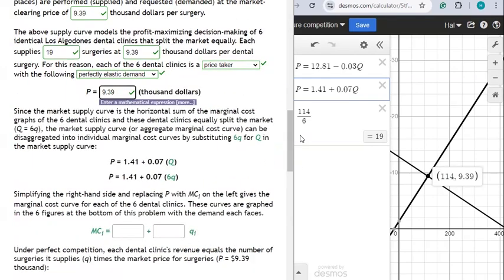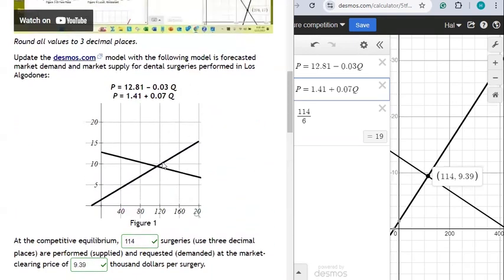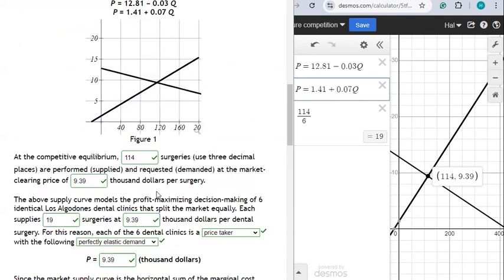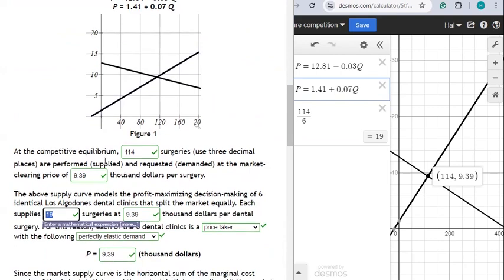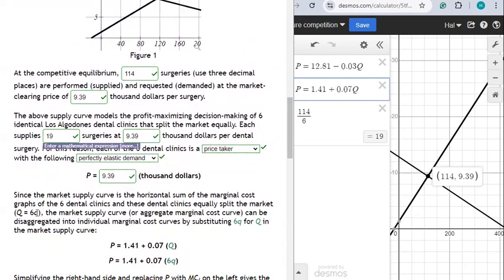Since they split the market equally, big Q, which is the market quantity, right? This is the market quantity. In my model, it's 114. They split the market equally. Each supplies 19 surgeries. So you think of this as 19. When this is 19, 19 times 6 is the market quantity, 114 surgeries.